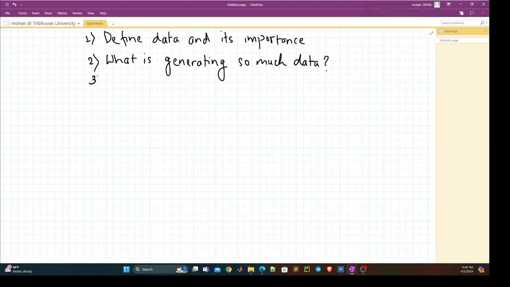And the third point is going to be how data adds value to the business, right? In the broader perspective, we need to look at the job market, and we need to ask ourselves the question: how is this data going to add value to whatever you are doing or to the business you are associated with?